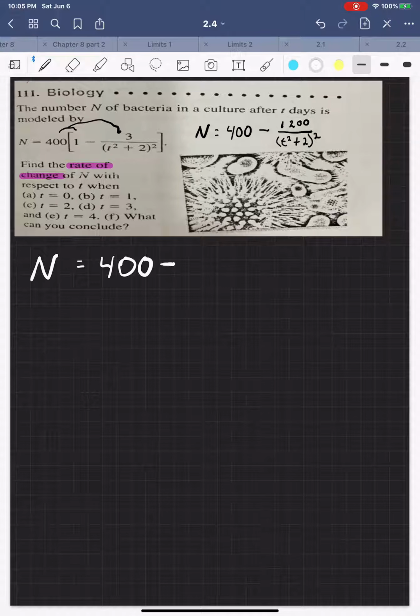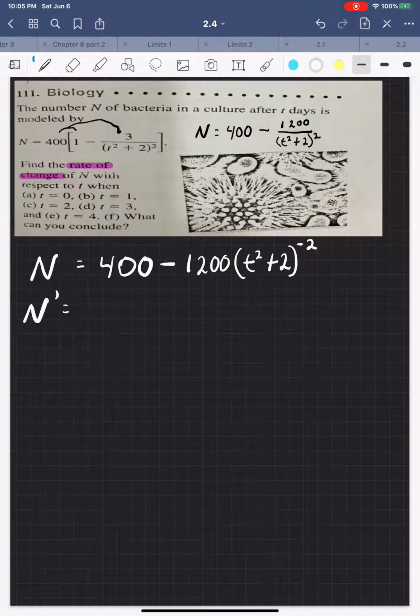So that gives me 1200 multiplied by t squared plus 2, now raised to the power of negative 2. All of this work up front in the problem to make this derivative as easy as possible. But there's nothing else left to do except to take the derivative.